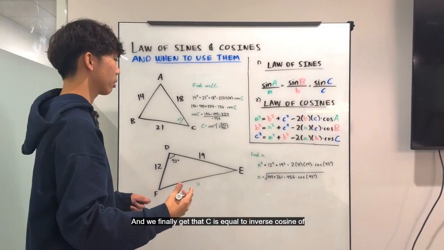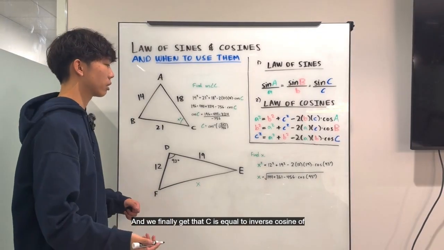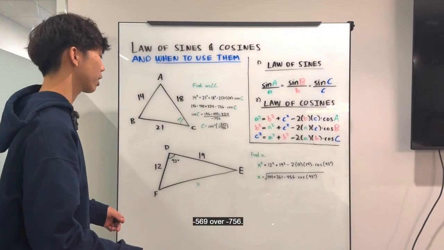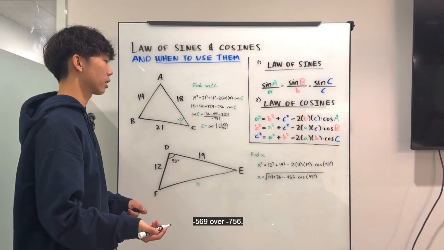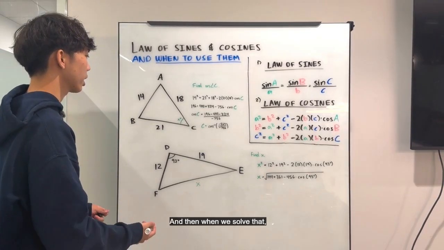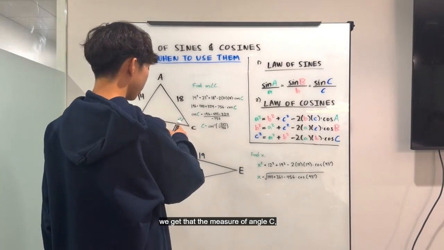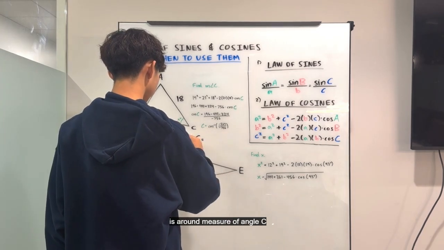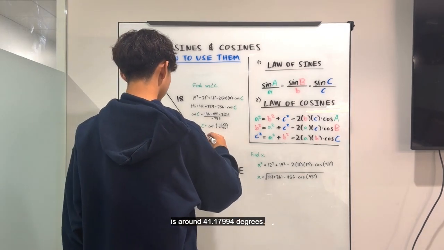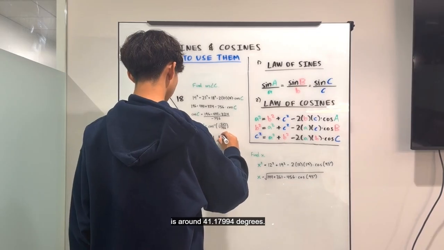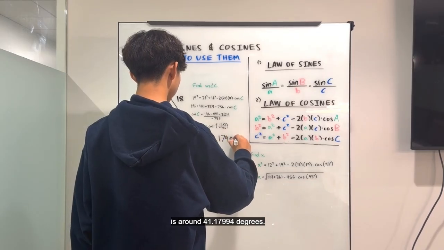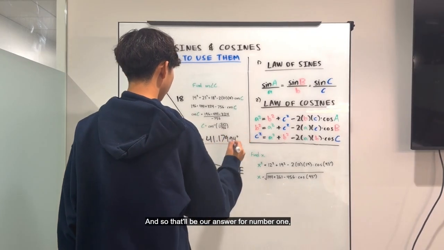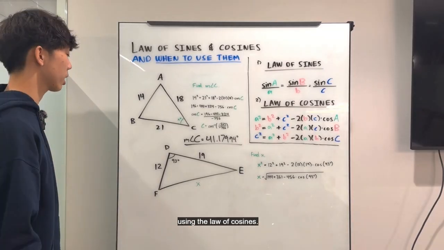We finally get that C is equal to inverse cosine of negative 569 over negative 756. When we solve that, we get that the measure of angle C is around 41.17994 degrees. That will be our answer for number 1 using the law of cosines.